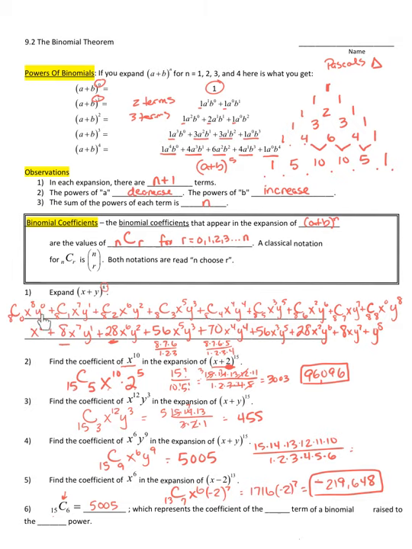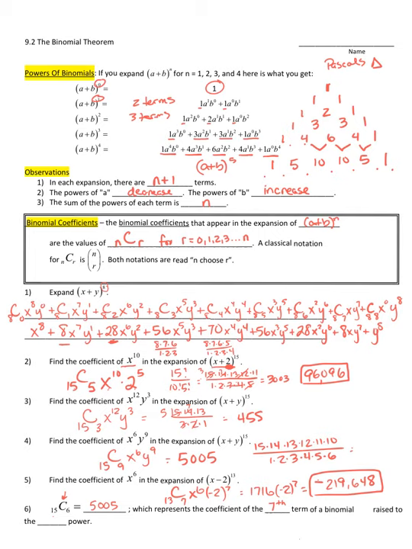So the number of the term, this is the first term, the second term, the third term. The number of the term is always one more than this second number here, isn't it? So the second number here is a 6. So that must mean that this is the 7th term of the binomial.